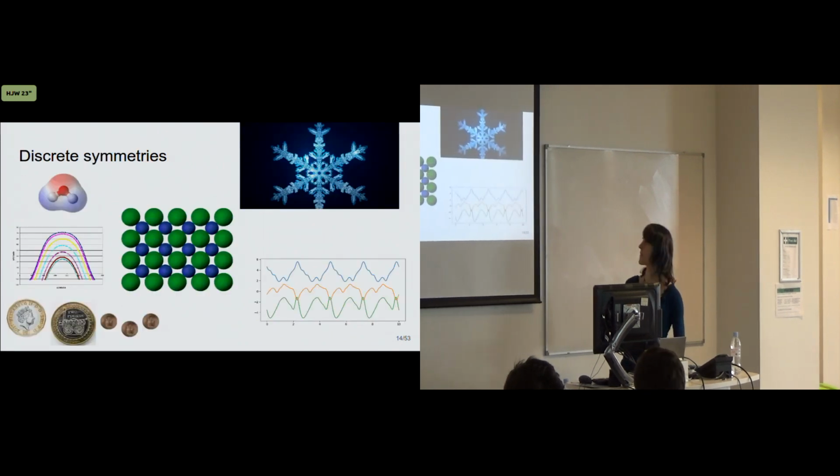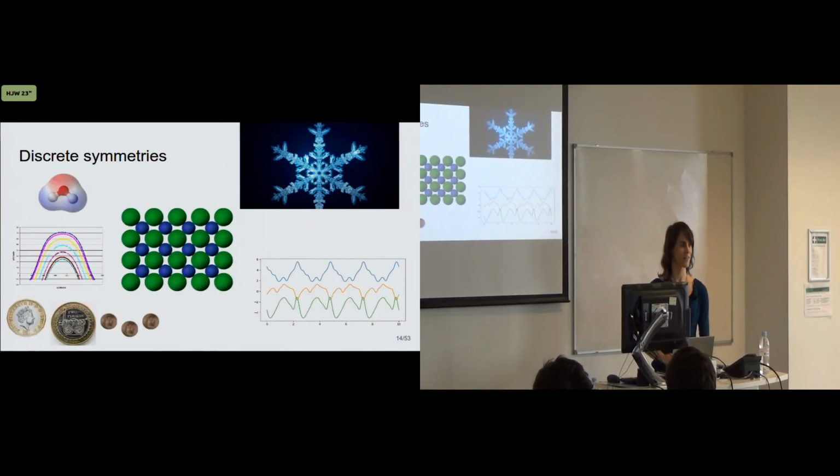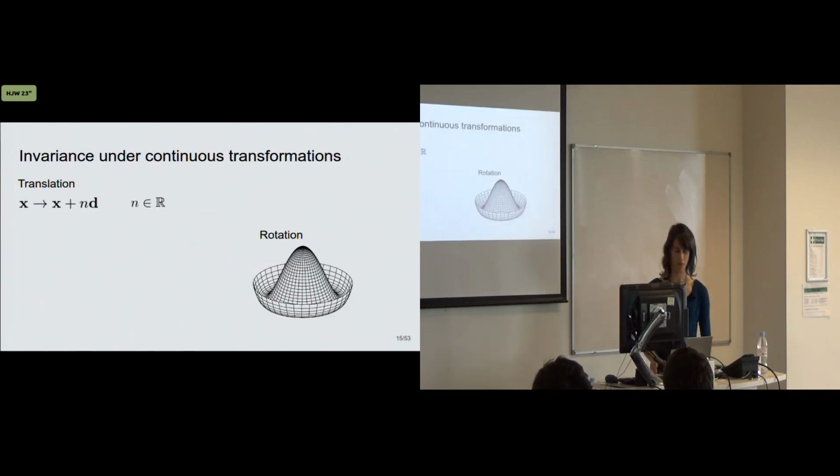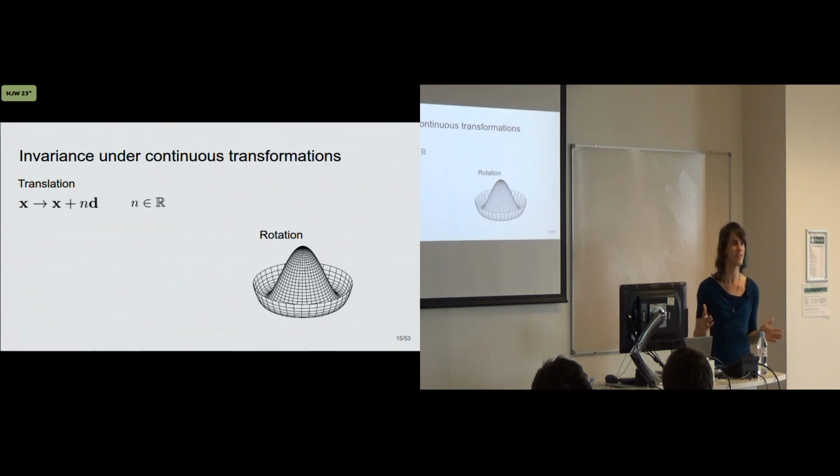Right, so that was a bunch of examples of invariances under discrete transformations, discrete symmetries. It also works for continuous transformations. So if we think back to the translation example, if we don't just enforce that the function value is the same under integer multiples of the shift vector, but any multiple of the shift vector, that basically means the function has to be constant along this axis.